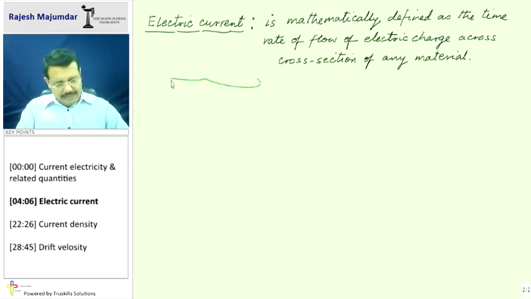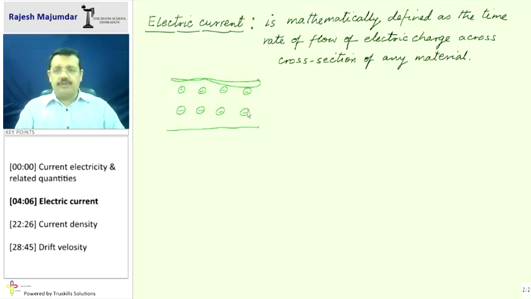how mathematically. Now suppose this is the conductor and there are large number of free electrons in it. Large number of free electrons are there. You know the concept of free electrons.